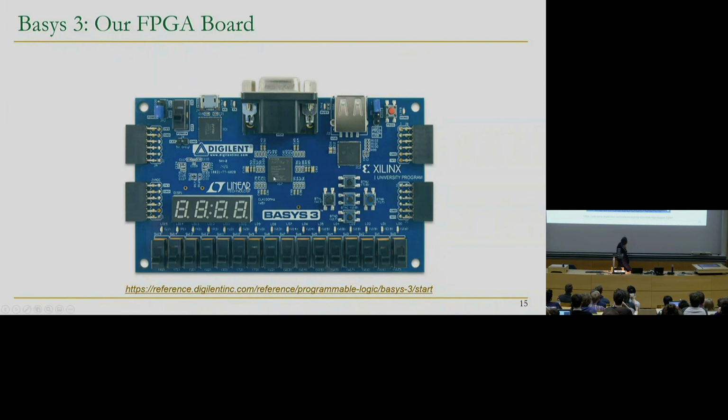Okay, so this die here in the center of this board is the FPGA actually. We don't call this board an FPGA; the FPGA is the chip itself, so this is what we program. But the things built on this board around the FPGA chip are mainly interfaces that we use to communicate with other devices.